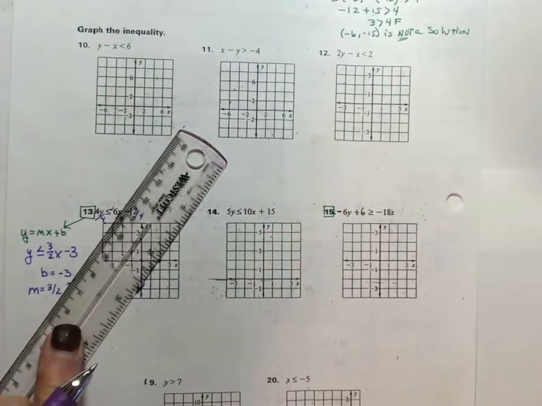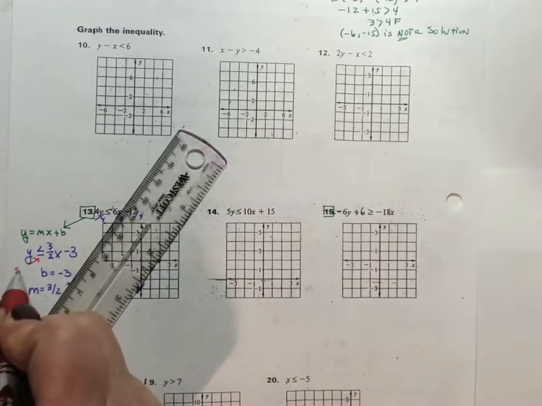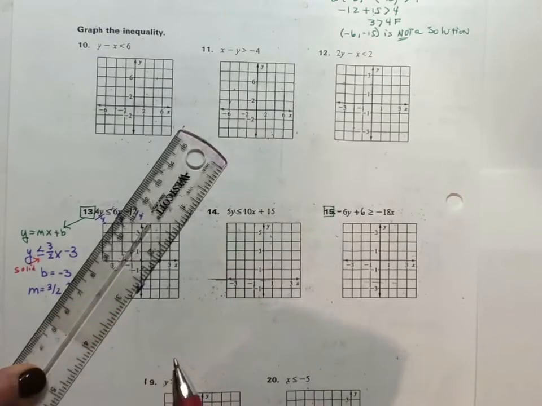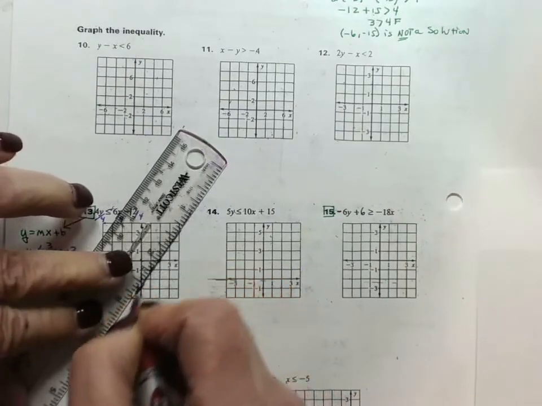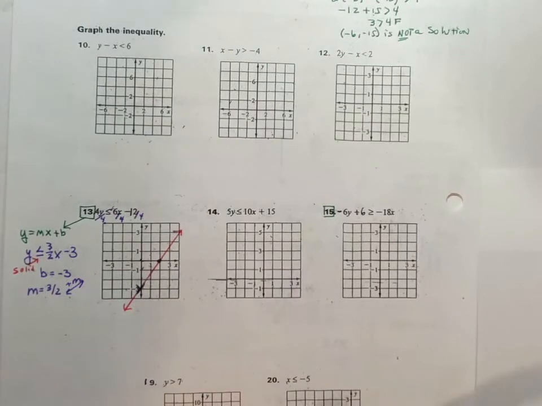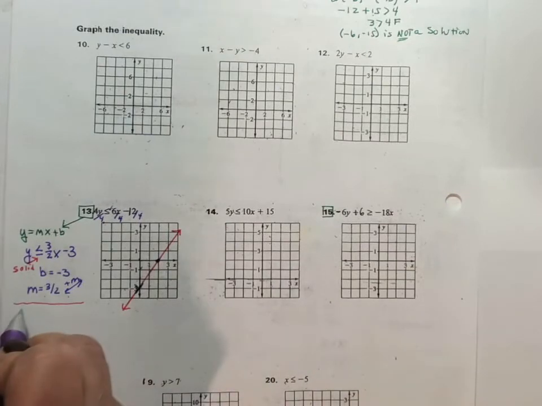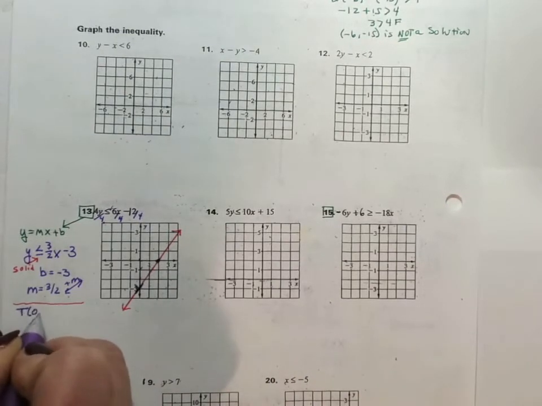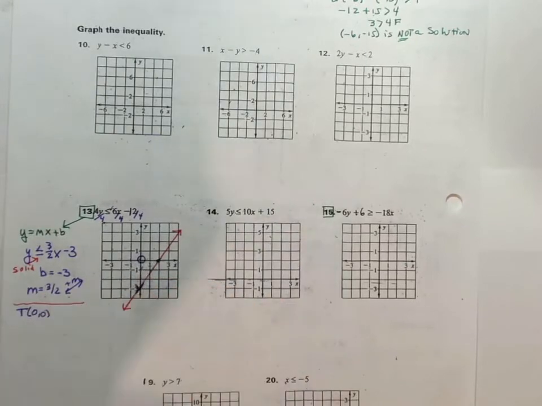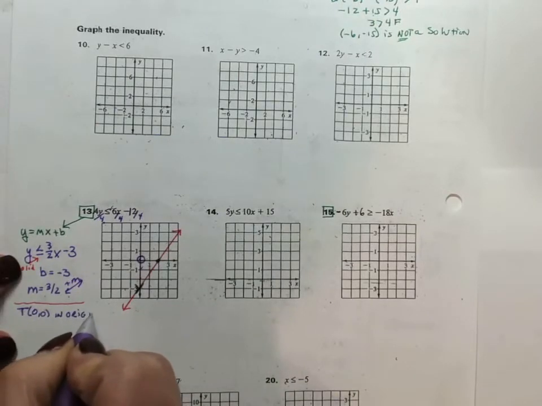And then you have to decide, is this going to be a solid line or a dotted line? Because it has the equals, it's going to be solid. Okay, so this line is solid. I now want to test 0, 0, because that's such an easy point to test, in the original inequality.